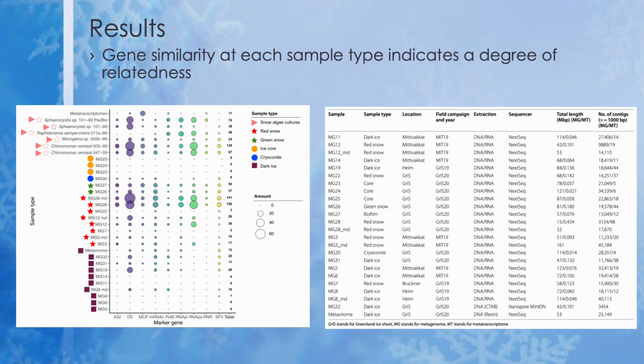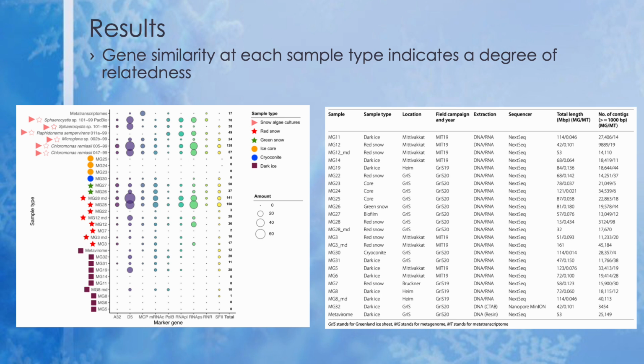Genes from red snow samples MG12 and MG3 were 97% identical, and genes from the environmental red snow sample MG28 and Chloromonas ramsay 005-99 or 047-99 were up to 84% identical.